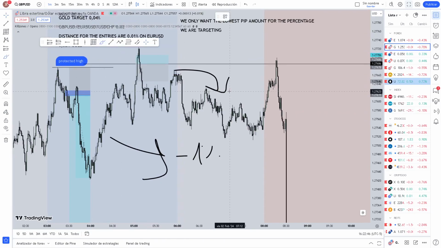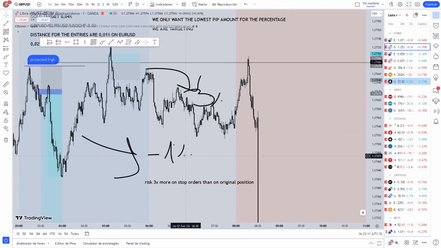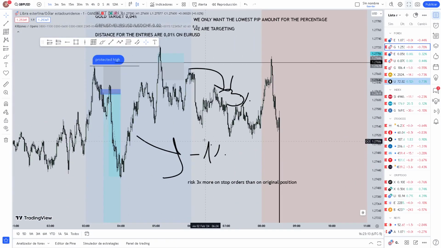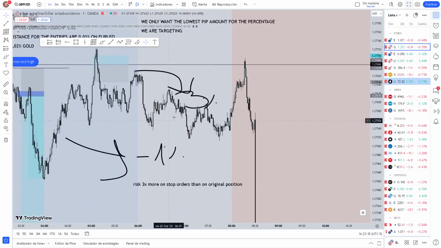You may say, well, yeah, but what? So here you're going to risk 3%. The mathematical formula is to risk 3 times more on stop orders than on the original position. This is an equation. It's very simple to understand the logic behind it. So if you're taking 1% risk or 1R or 0.5 and you're risking 3 times more here, what will be the result?